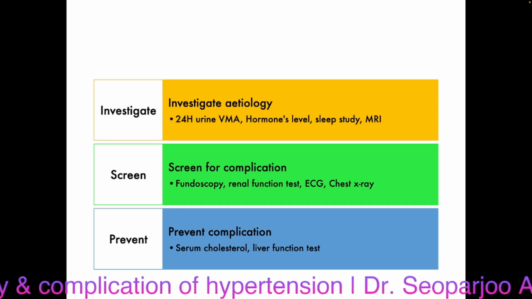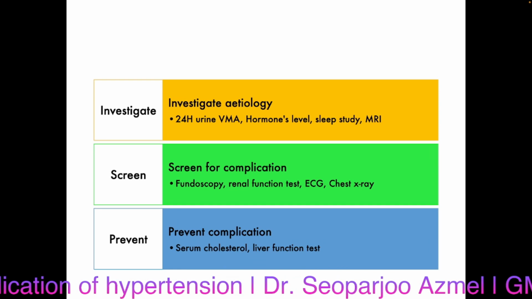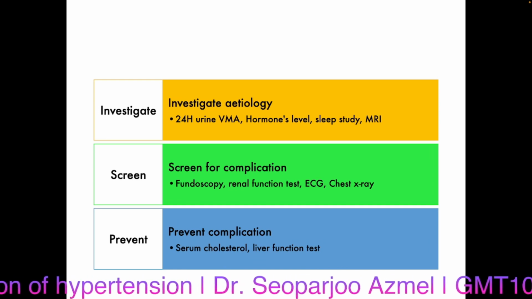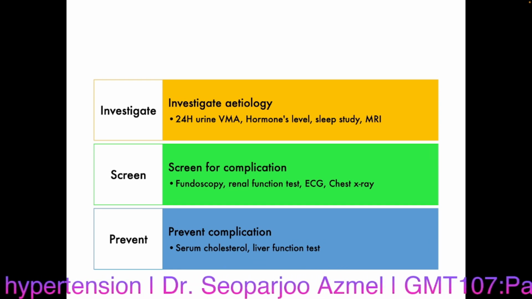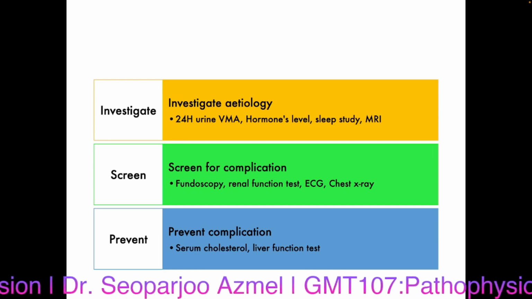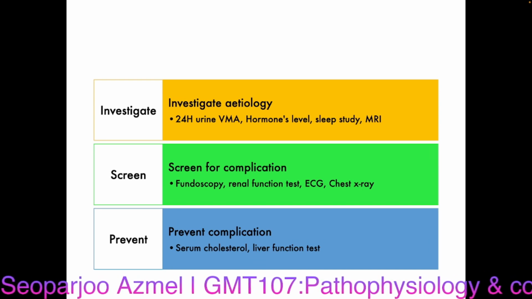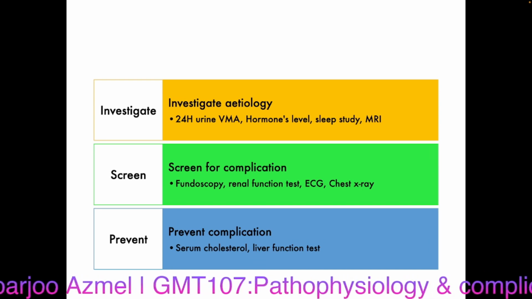To screen for complications, we need to do fundoscopy, renal function test, ECG, and also chest X-ray. On fundoscopy, of course, there will be retinal hemorrhages in cases of very high blood pressure.